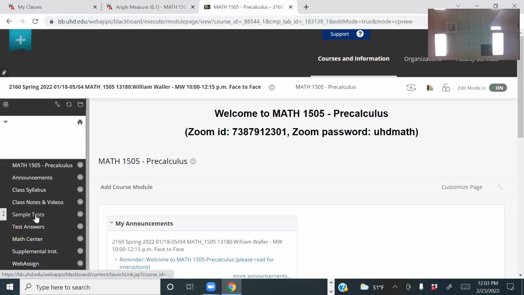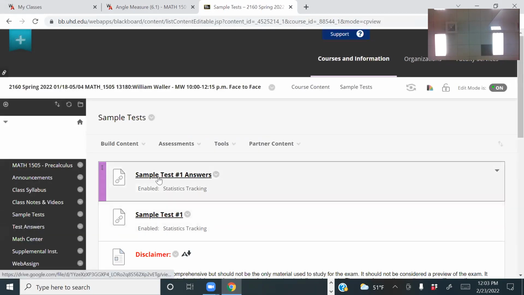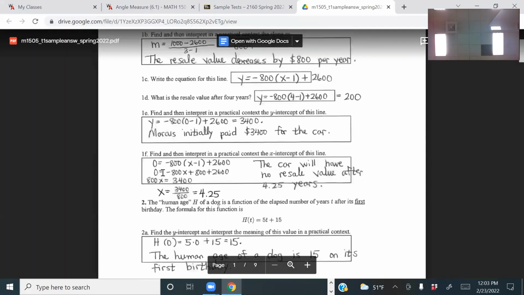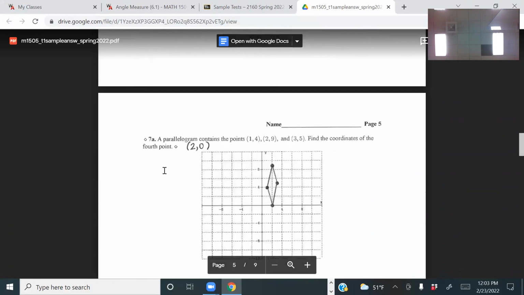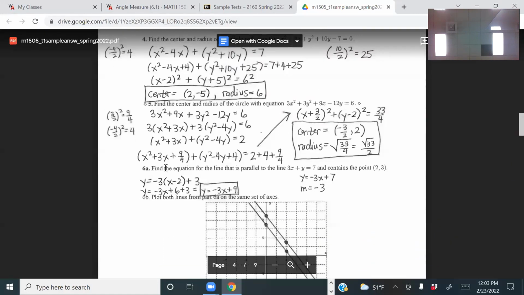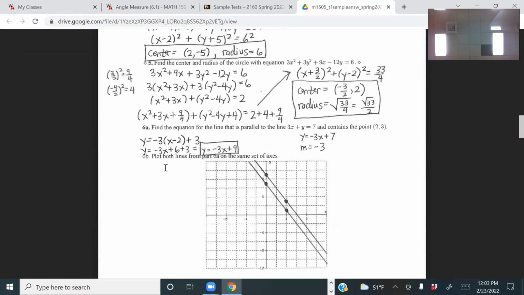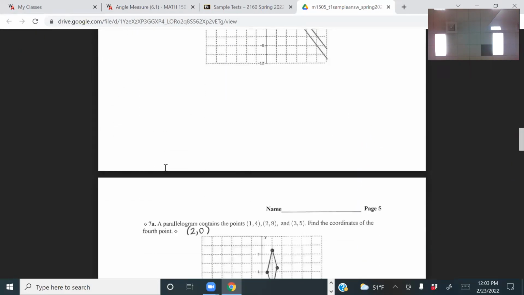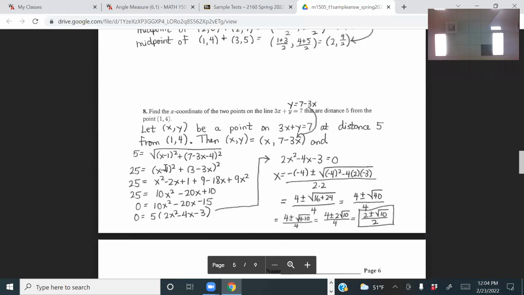Remember, the answers are posted with the sample test. So there's the sample test on the Blackboard page, and there are the solutions. So I can see what mistake I made here. There's the graph. Yeah, okay.